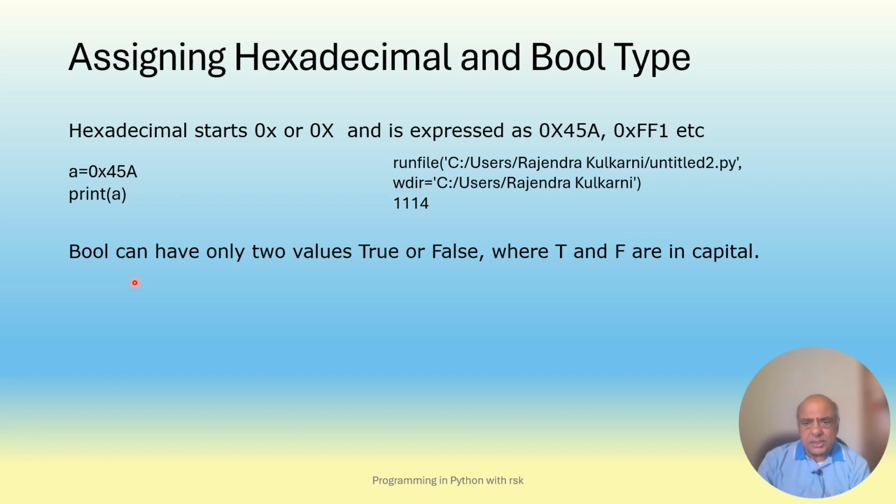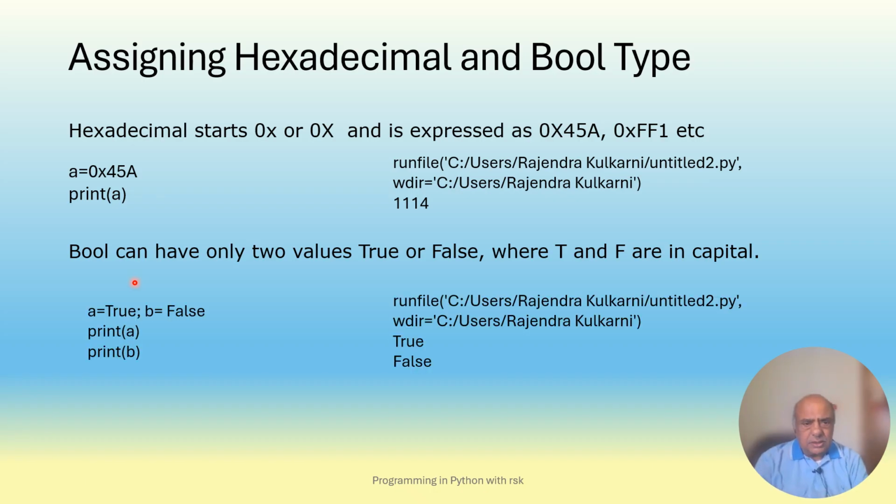It will not take it as a bool value. That is why in Python, true and false are the values assigned to a variable when we want to assign that variable with bool type data.